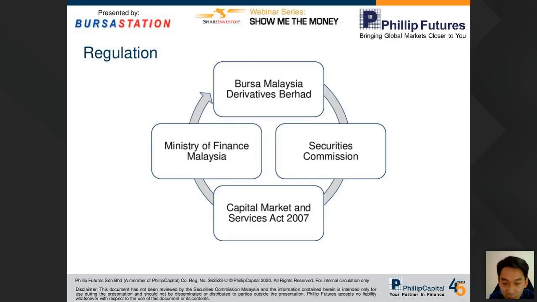The law that oversees the futures market is the Capital Markets and Services Act 2007. All this is overseen by the Ministry of Finance Malaysia. Make sure you are trading with a registered broker when you are trading futures in Malaysia. Phillip Futures is one of the registered brokers, just for your information.